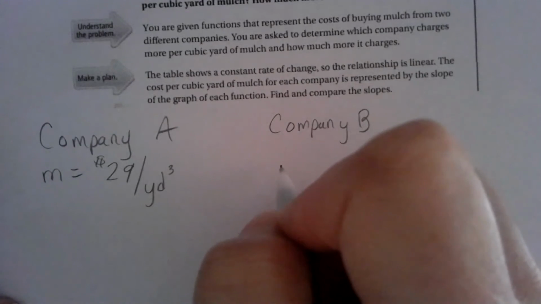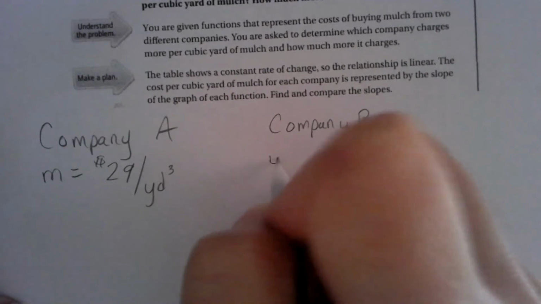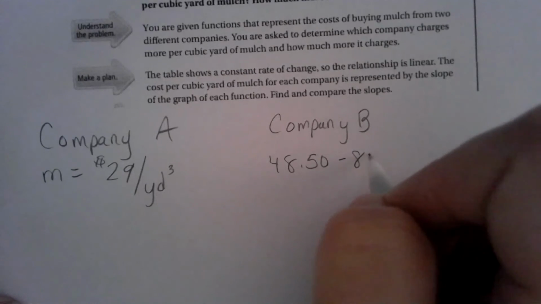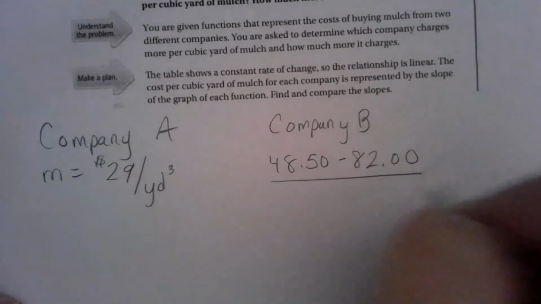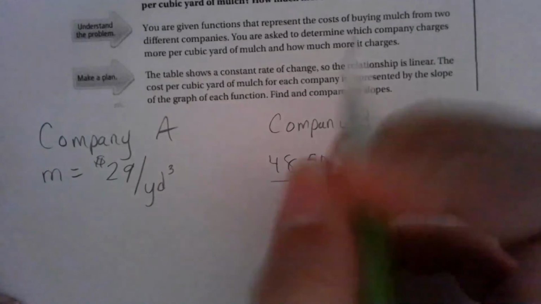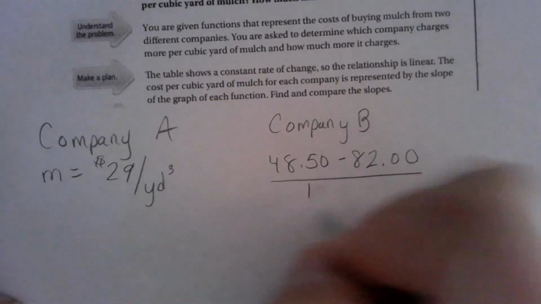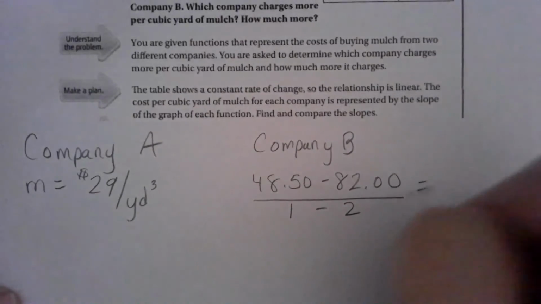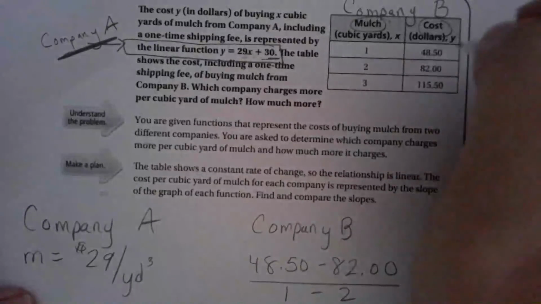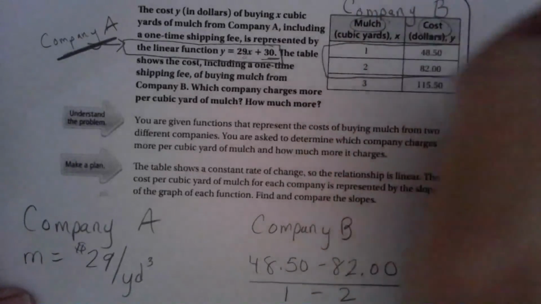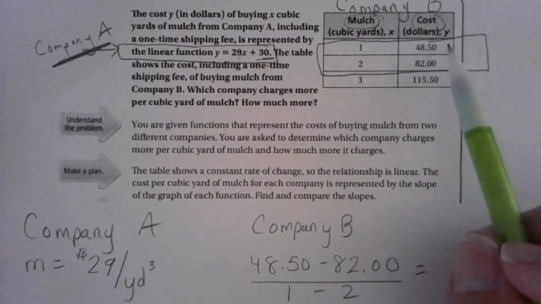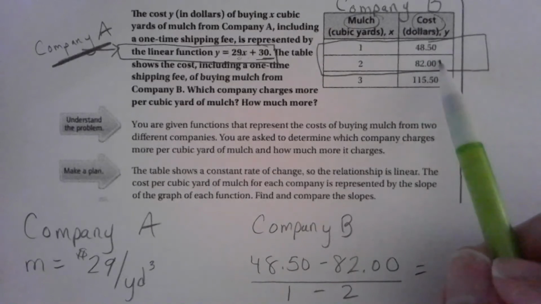Okay, so let's look at then company B. So change in y over the change in x, right? So we're going to go $48.50 minus $82, all over, go back to x, change in x, 1 minus 2. So remember, right here, this is where I got this from. I didn't just pull those numbers out of nowhere. So I did change in y, so I decided to go from 48.50 minus this.